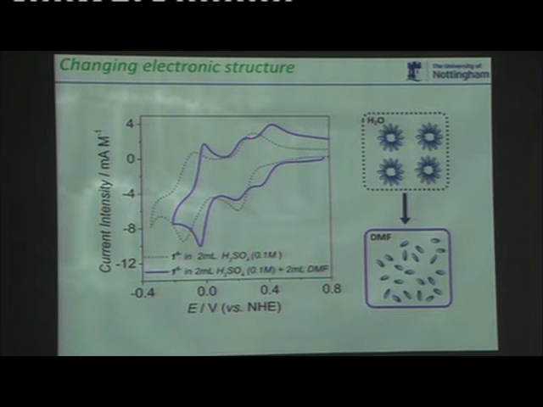We go back more positively. Now, if I can wind your minds back right to the start, I showed you the picture where I had one POM electrochemistry in acetonitrile or DMF and one in water, and the water one is far more positive. So here we've got the other way around. The water one is far more negative.